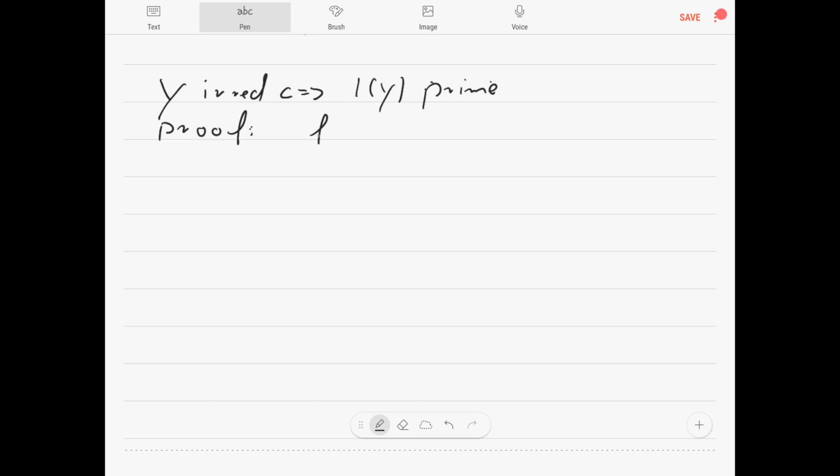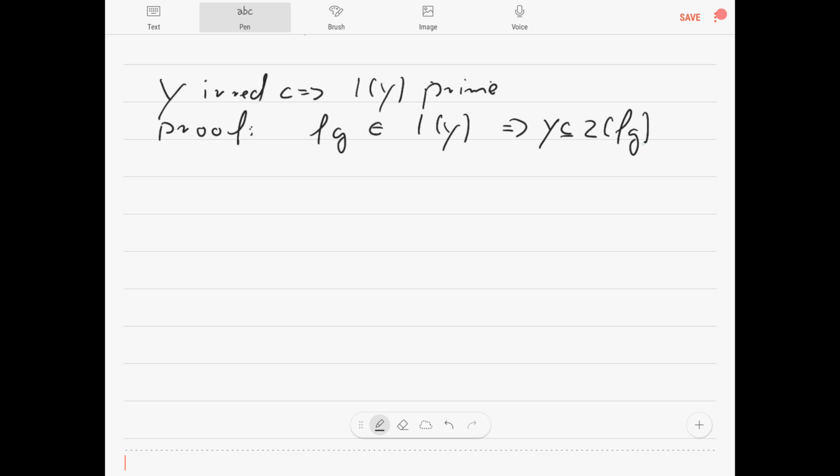We'll assume that we have FG in I of Y. Then Y is in the zero set of F times G, right?